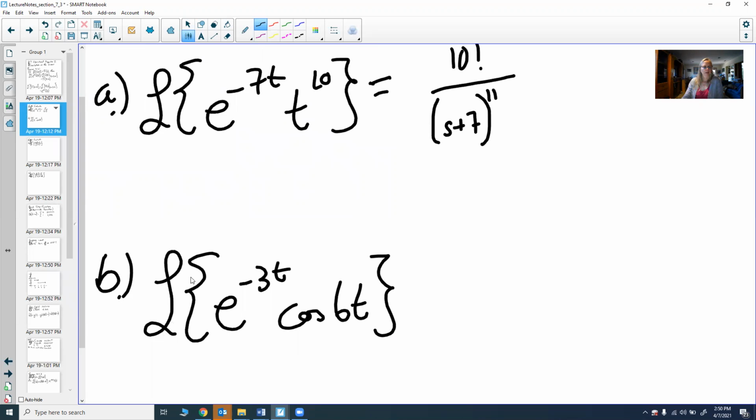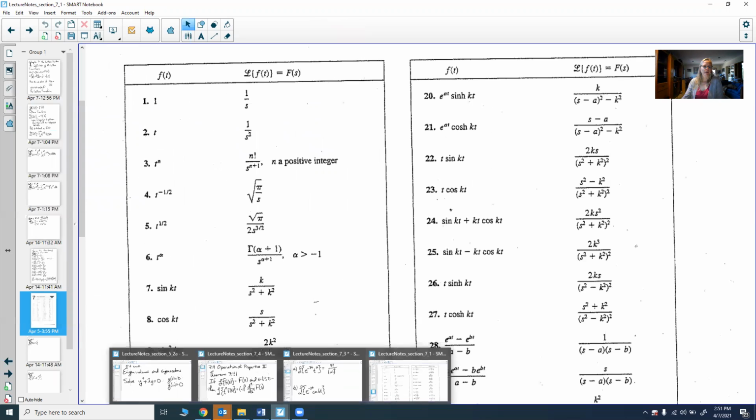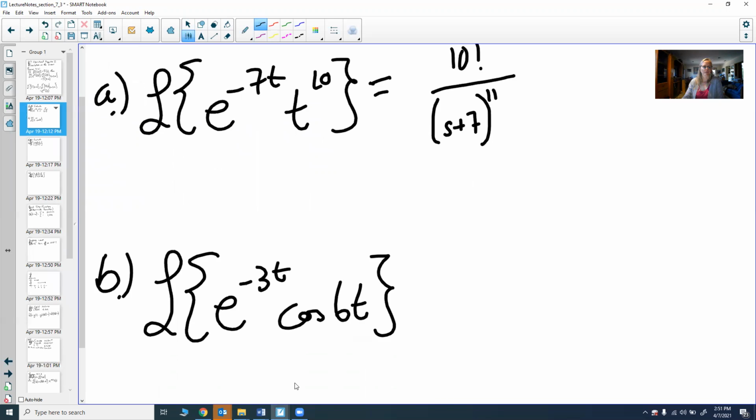So there's your Laplace transform of that. Let's try another one: the Laplace transform of e to the negative 3t cosine of 6t. Again, looking at our Laplace transforms, cosine of kt is s over s squared plus k squared. So instead of erasing, I'm going to think about it as replacing the s with something else. So it really is something over something squared plus k squared, and the k is the number inside of the cosine, so it's going to be 6 squared.